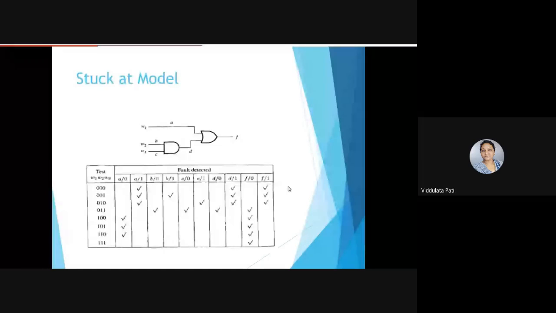Then suppose this wire is stuck at 1, that is, the D wire is stuck at 1. We have applied input 0, 0, 0 only.